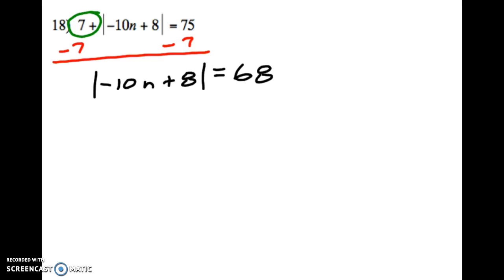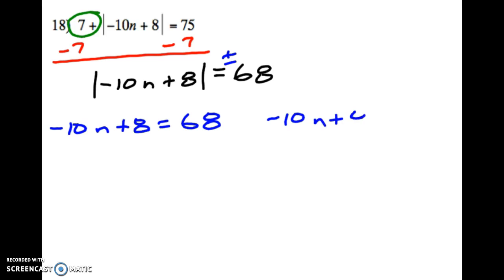Okay, I'm not going to go through all the absolute value parts again, but note that we need to have both a positive and a negative 68 for answers. So we'll write it out twice. Positive 68. Once with the negative 68.